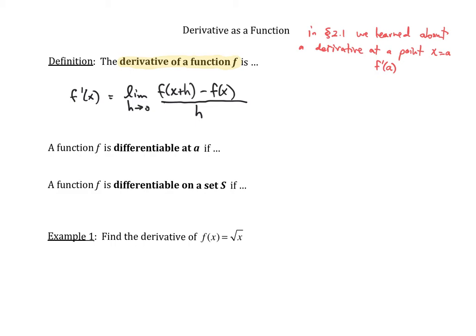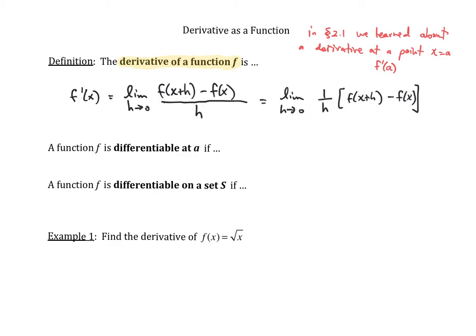While this is the official definition, I sometimes like to rewrite this definition, especially when our f involves a complex fraction or is itself a fraction. I could rewrite this as the limit as h goes to 0 of 1 over h times f of x plus h minus f of x. These two things mean the same thing because dividing by h is the same thing as multiplying by 1 over h.